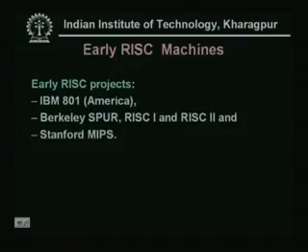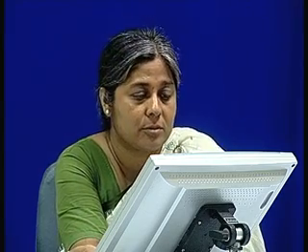This class will continue the discussion on the design of computer instruction set. So far we have seen what is the format of a computer instruction, what are the two parts or two fields of an instruction, and how the instruction opcode is encoded.